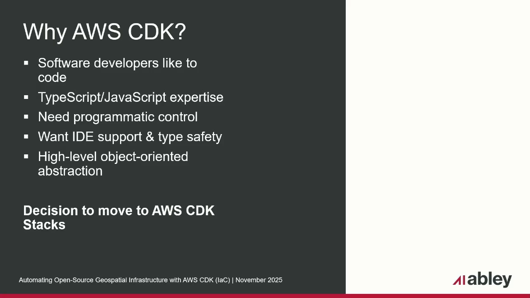We have good TypeScript, JavaScript capabilities within our team. We want programmatic control of our resources. We don't have enough people to do ClickOps. If you want IDE support and type safety, this is a good solution. AWS CDK provides object-oriented abstraction for the AWS resources. So we decided to move with AWS CDK.